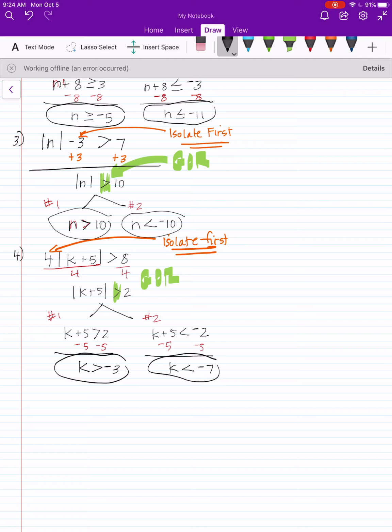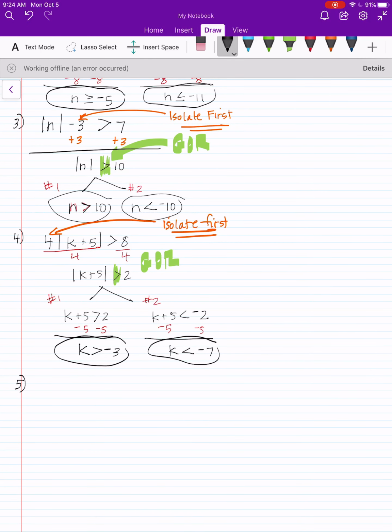All right, one last one, number 5. So I have 9 is less than the absolute value of C plus 7. Now, if you notice, I flip-flop these, okay? And so in order to do these, I'm just going to tell you to always have the absolute value sign on the left.